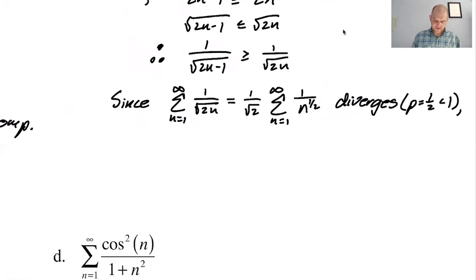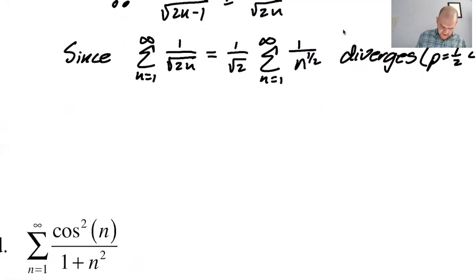So the smaller series, each term is smaller. The smaller one diverges, that means the bigger one has to diverge. So we got there eventually.